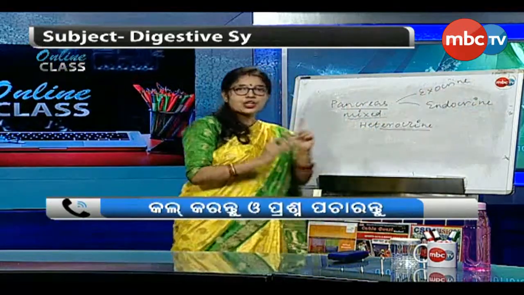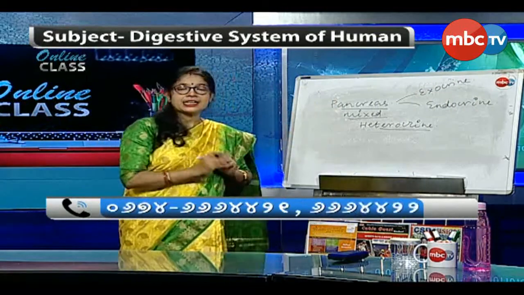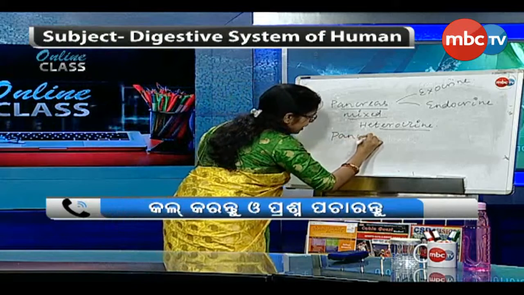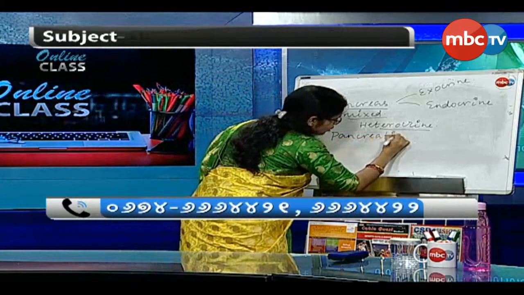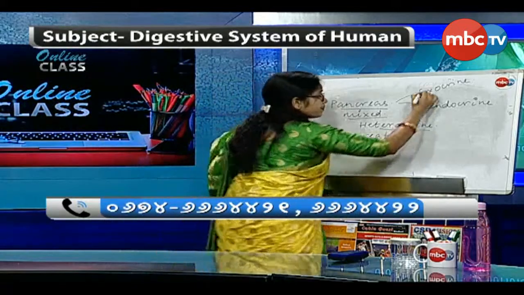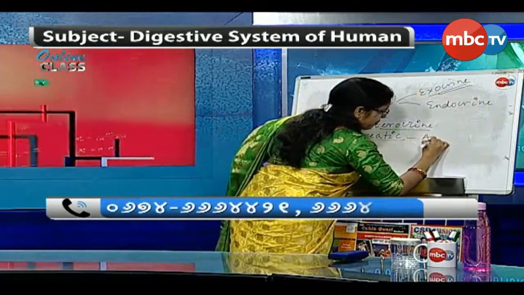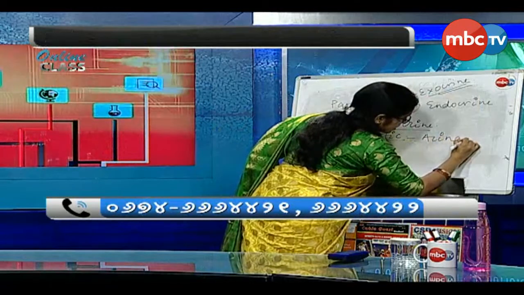Those exocrine parts of the pancreas are responsible for the secretion of the pancreatic juice. The pancreatic juice is secreted from the exocrine part of the pancreas, which is formed by acinar cells.